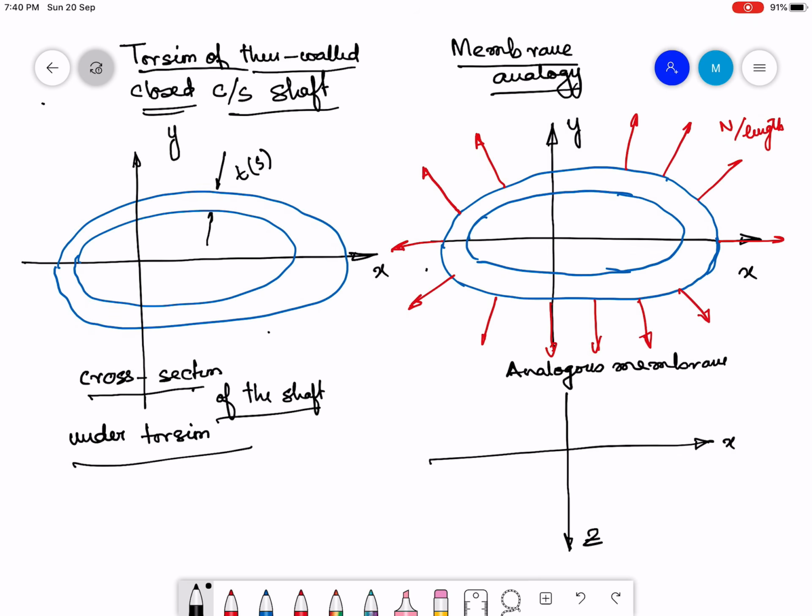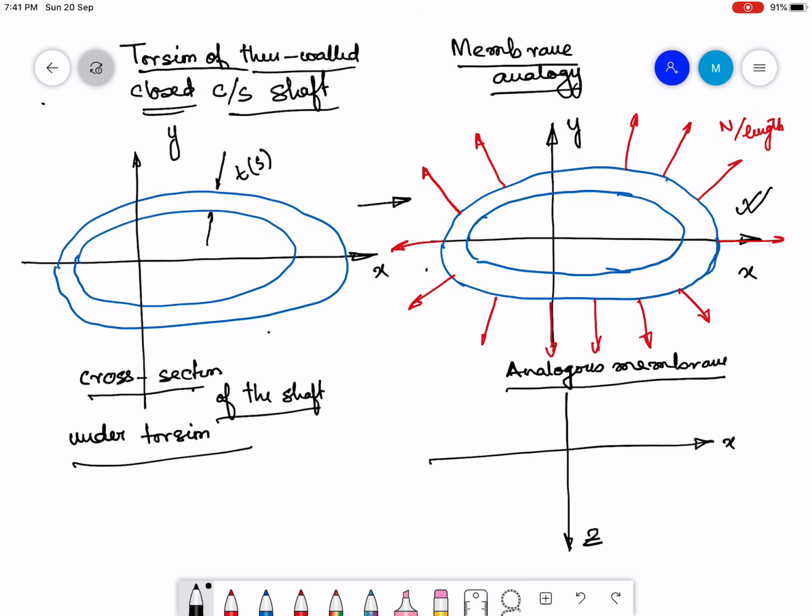It could vary, but the only criteria is that this thickness t has to be sufficiently small compared to the other dimensions of the cross section of the shaft. Okay, that's the only criteria. Now let us see how we are going to solve this problem using membrane analogy. Okay, so this one is the analogous membrane.